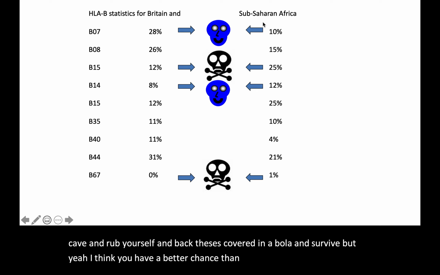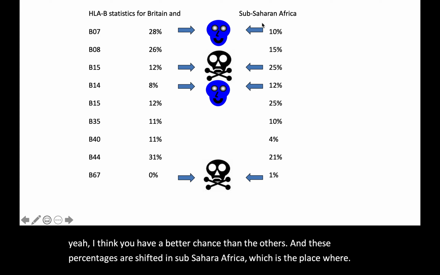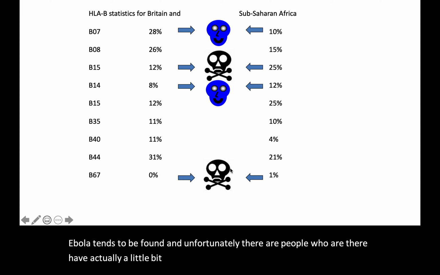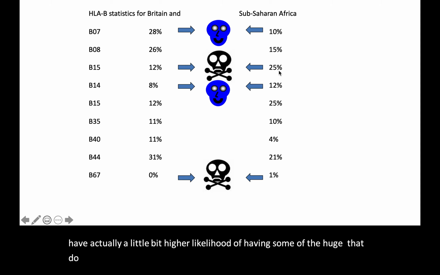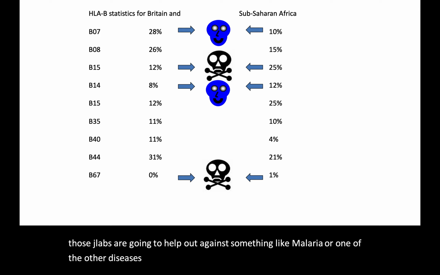And these percentages are shifted in sub-Saharan Africa, which is the place where Ebola tends to be found. And unfortunately, there are people there who have a little bit higher likelihood of having some of the HLA-Bs that do not help against Ebola. Now, the reason for this is probably because those HLA-Bs help out against something like malaria or one of the other diseases that's much more common down there.